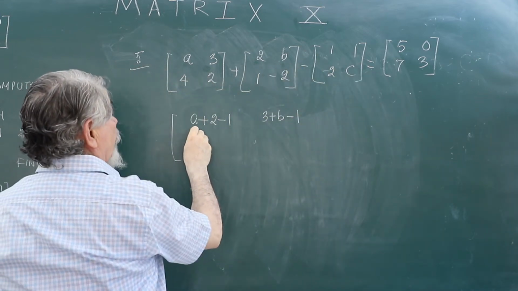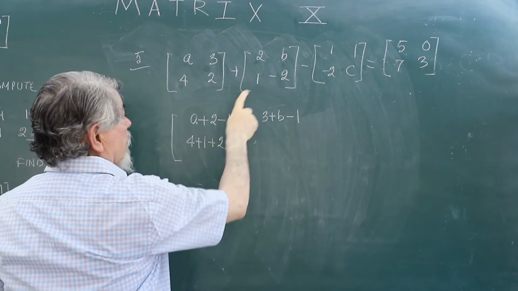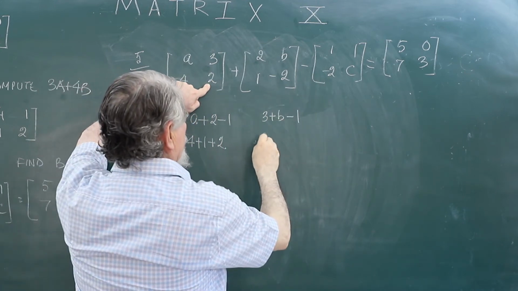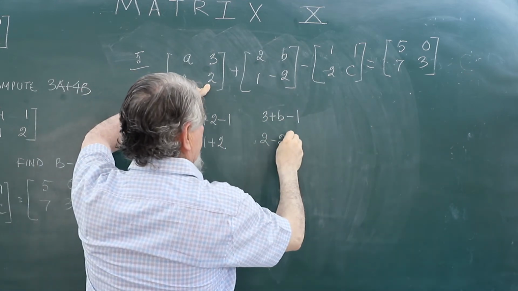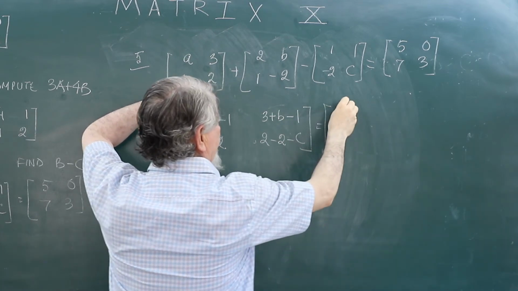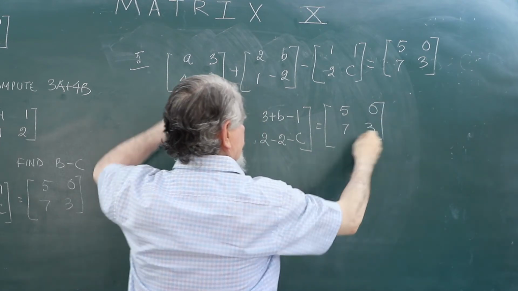Then this element 4 plus 1 plus 2, minus will become plus 2, 2 minus 2 minus C is equal to 5 0 7 3.